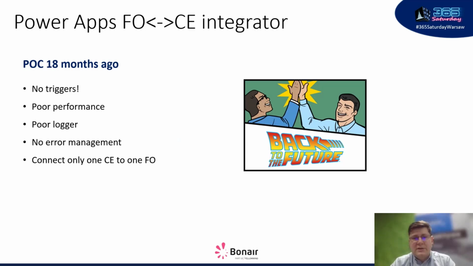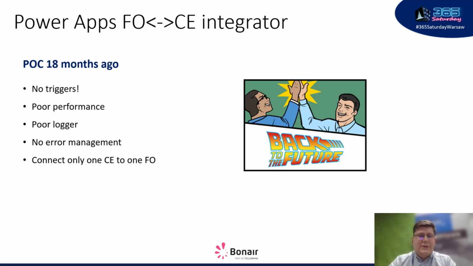In most situations, we had no idea what the exact error meant. No error management. We could only wait for another scheduler to execute, cross our fingers, and maybe this record would go through to the other system. And again, we could only connect one CE to one FO. So it's like a Back to the Future film.